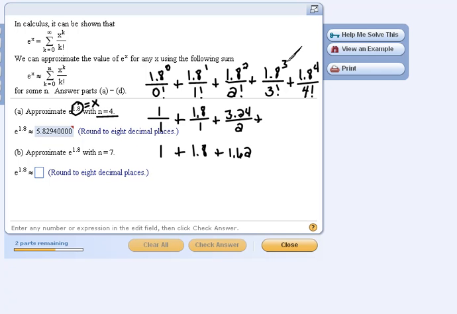Plus 1.8 cubed is 5.832 over 3 factorial, which would be 3 times 2 times 1, which is 6. So 5.832 divided by 6 is 0.972. Plus 1.8 to the fourth power is 10.4976 over 4 factorial.